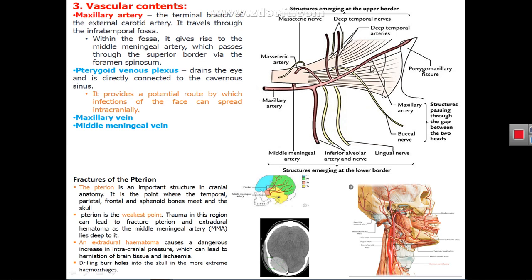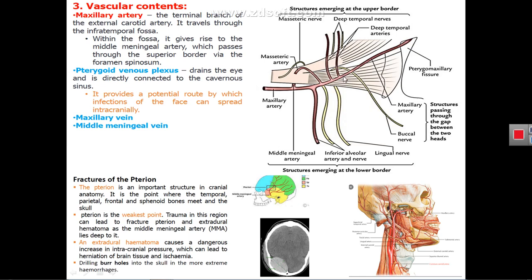The course of the maxillary artery in the infratemporal fossa can be divided into three parts. From the origin of the maxillary artery till the lower border of the lateral pterygoid muscle, this is called the first part. The second part is from the lower border of the lateral pterygoid muscle till the pterygomaxillary fissure, and it is either superficial or deep to the lateral pterygoid muscle.